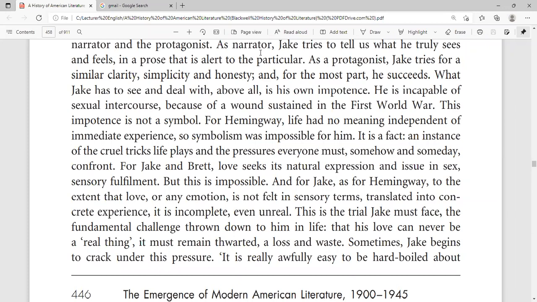It is a fact, an instance of the cruel tricks life plays and the pressures everyone must confront. For Jake and Brett, his characters, love seeks its natural expression and issue in sex, sensory fulfillment. But this is impossible for these characters.